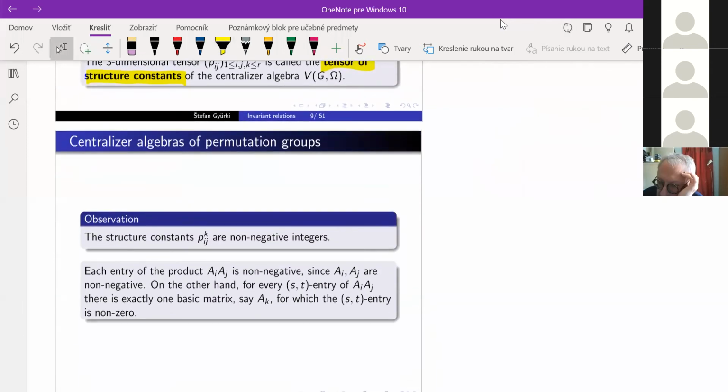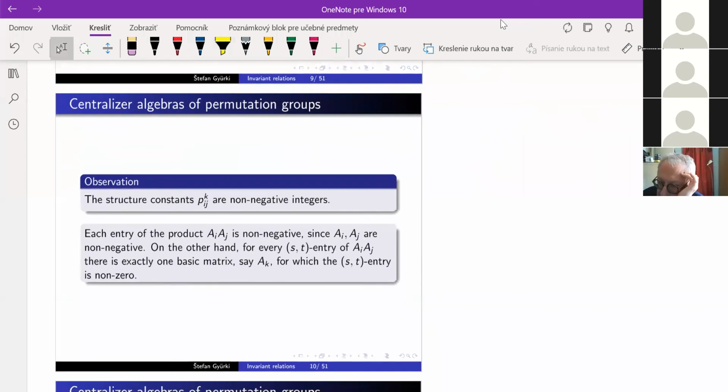The first thing to notice is that all these constants are non-negative integers. This is because A_i and A_j are 0-1 matrices, and if I multiply two such matrices, the product is clearly non-negative because I cannot create any negative entry.